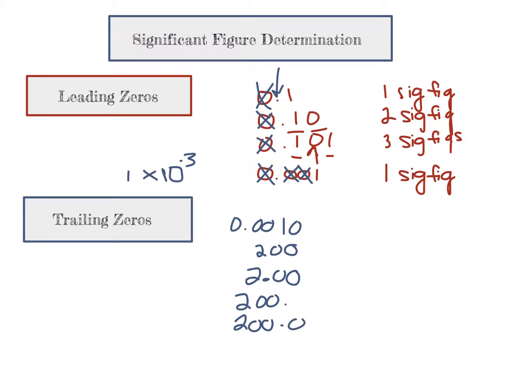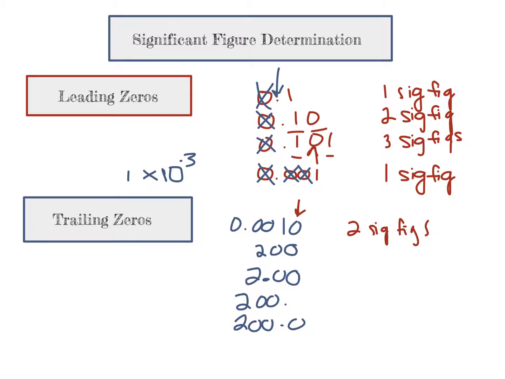In this case, sometimes we count trailing zeros. In this case, the 0 is happening after a digit and decimal place, so we definitely count that one. This number has 2 significant figures.